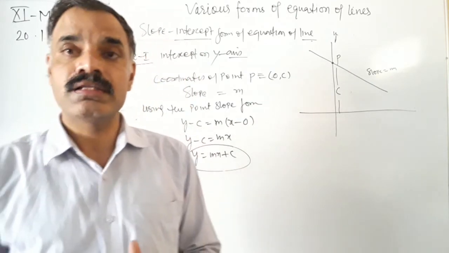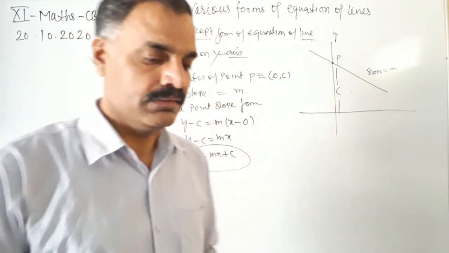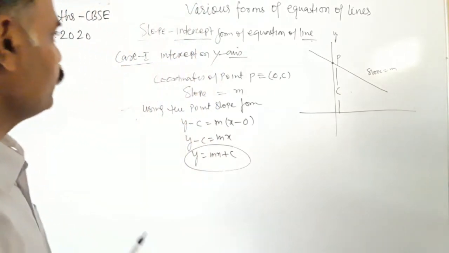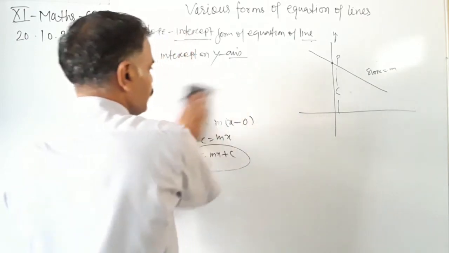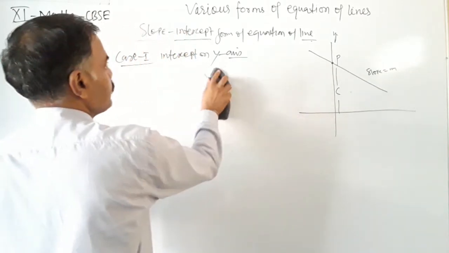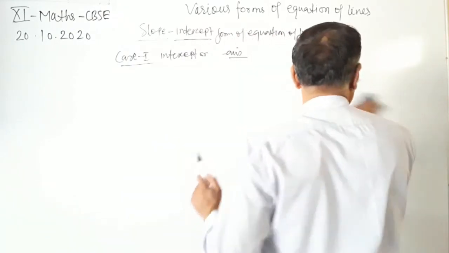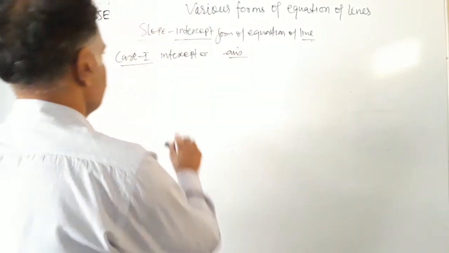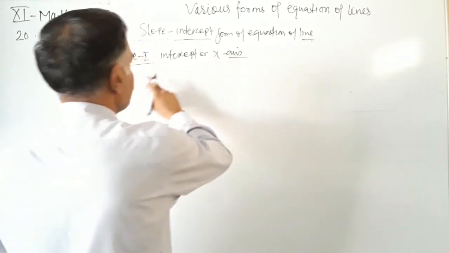Okay, now we will find the equation of the line having the intercept on x-axis. Now this is the second case, intercept on x-axis. I keep repeating y-axis again and again, that is why we are taking x-axis.